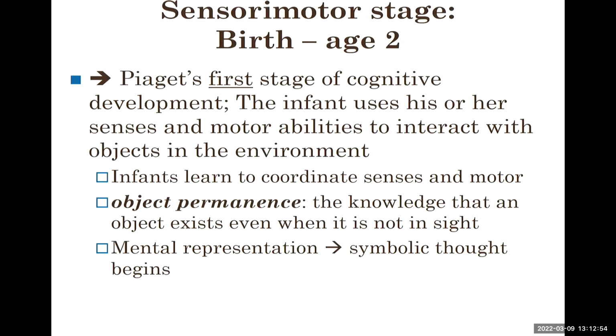Piaget's first stage is called the sensorimotor stage, from birth to age 2. Senses and motor: they're having this great motor development, their vision is developing, etc. The idea is that the infant relies on these developing senses and motor abilities to interact with objects in their environment.